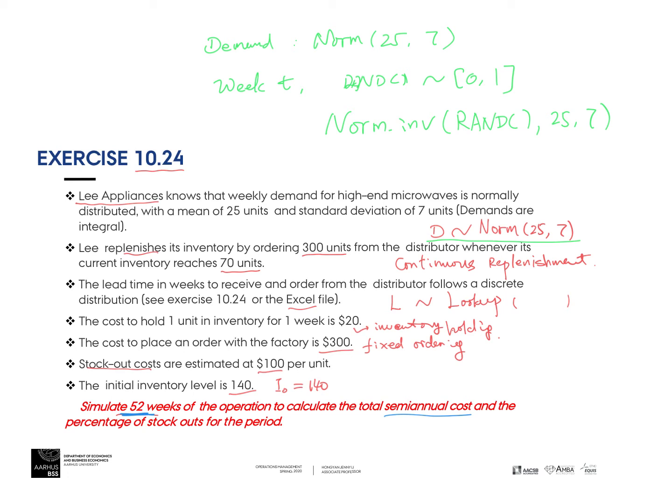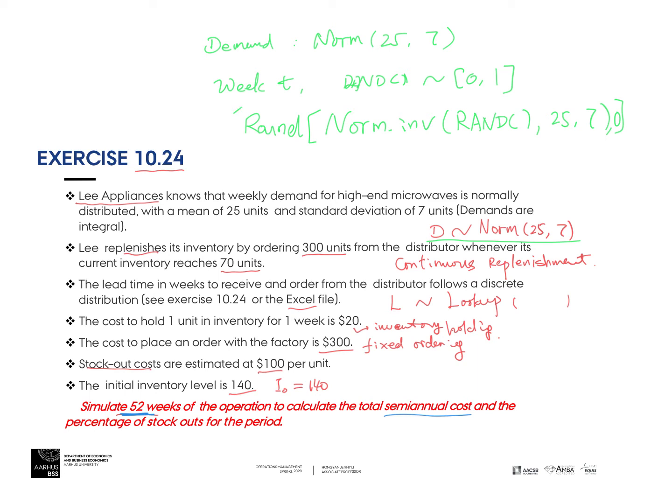However, we also require the demand to be integer values, so we need to round. In Excel, you can use a round function to round this continuous value into integer values by adding a parameter of 0.